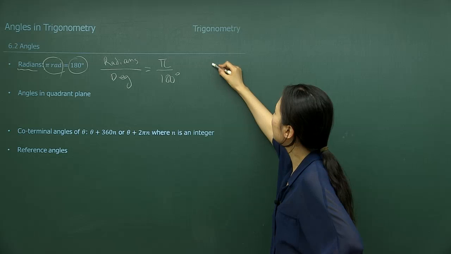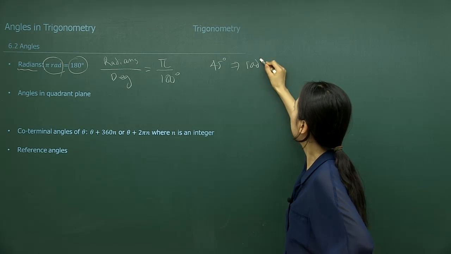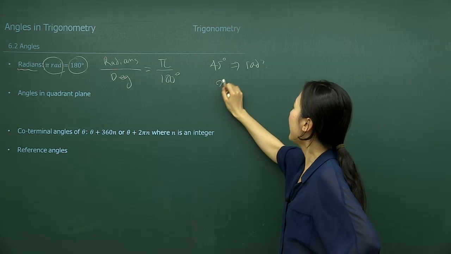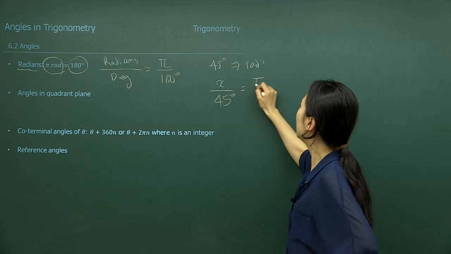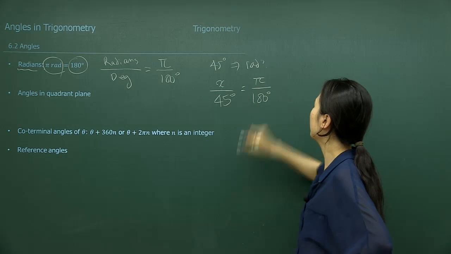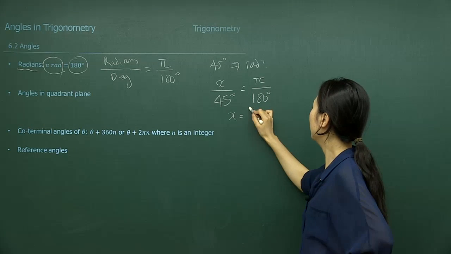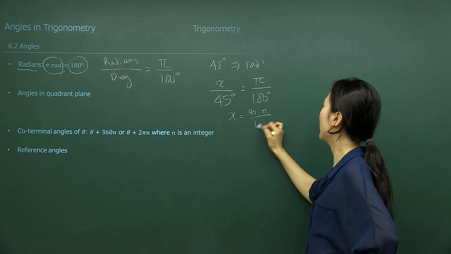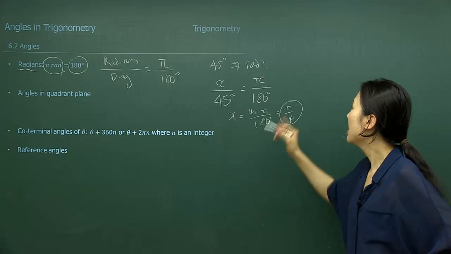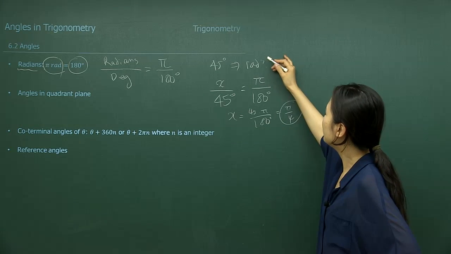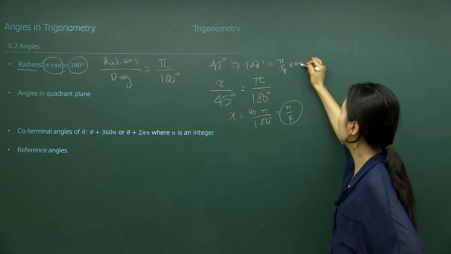So if you're to convert the 45 degrees we had just now into radians, all you have to do is x missing over 45 degrees given equals pi over 180, and find the value of x. 45 times pi over 180 degrees, which equals a quarter of a pi. Hence, 45 degrees equals pi over 4 radians.